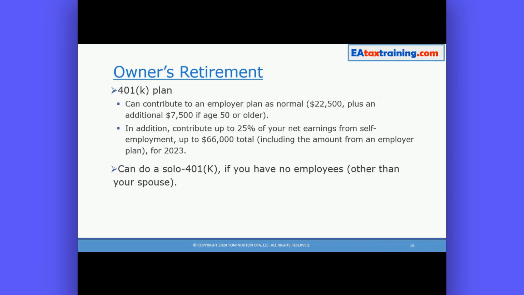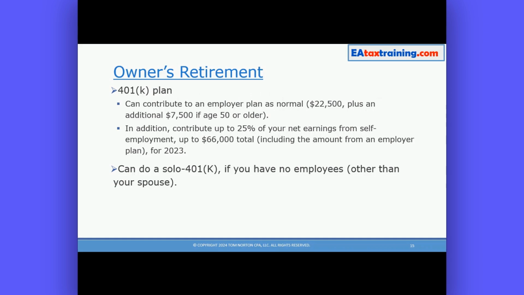401k plan. First of all, you can contribute to an employer plan as normal. So again, you've got a job and then you've got a sole proprietorship on the side. You can still go ahead and contribute to your employer's plan up to the normal maximum of $22,500 with an additional $7,500 if you're age 50 or older. In addition, you can contribute up to 25% of your net earnings from self-employment up to $66,000 to your own 401k plan at your business.